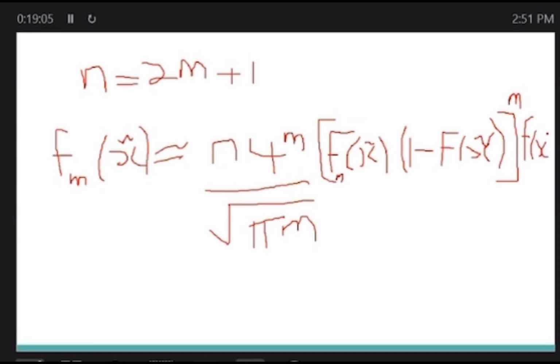Which means the probability distribution of the sample median depends on the distribution of the data.